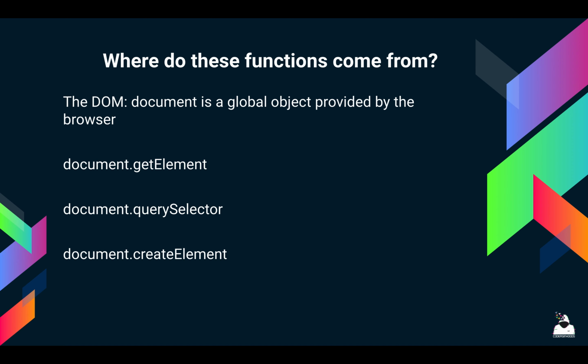Just like in Node, you have the global function require, or you have global functions like parseInt and Math.random and all of these things I think you've used. They're all global objects provided by the Node environment, whereas the browser has all of those as well, but also it has the document, because the browser is displaying a document based on an HTML file that it's been given.